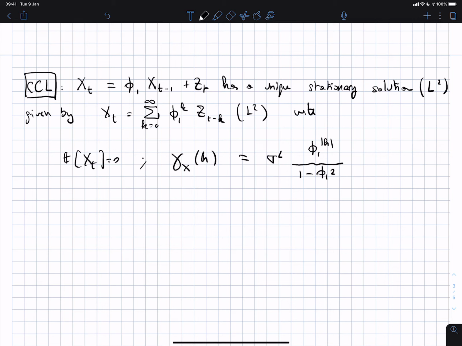It's a function which looks like this. If, for example, phi 1 is positive, it's going to be something that goes to 0 like that, slowly. And if phi 1 is negative, it's going to be oscillating depending on the sign of phi 1, but it will also be going down to 0, exponentially, I meant to say.